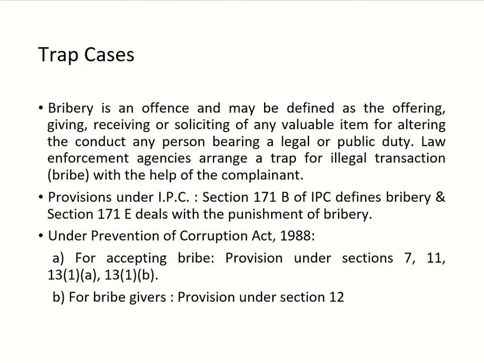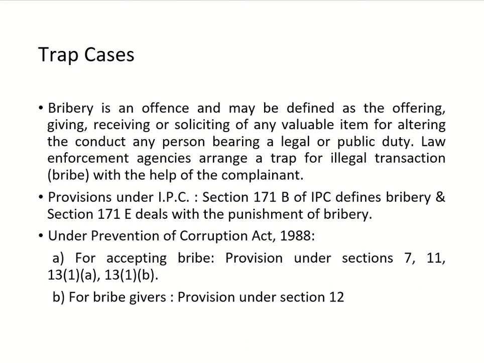Bribery is an offense and may be defined as the offering, giving, receiving, or soliciting of any valuable item for altering the conduct of any person bearing a legal or public duty. Section 171B of IPC defines bribery and Section 171E deals with the punishment of bribery.